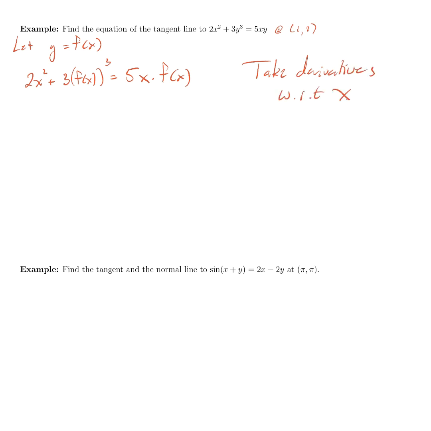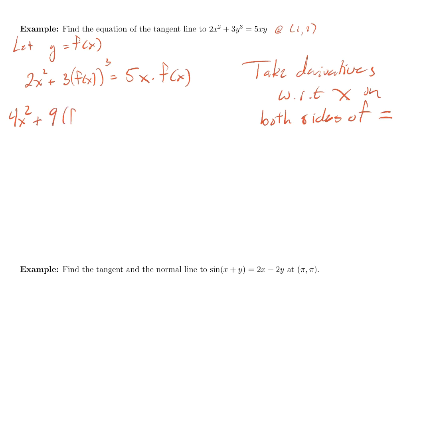With respect to x, on both sides of the equal sign. Okay, so the derivative of 2x squared is 4x. The derivative of 3 times f of x cubed: the 3 comes down, we use the power rule.